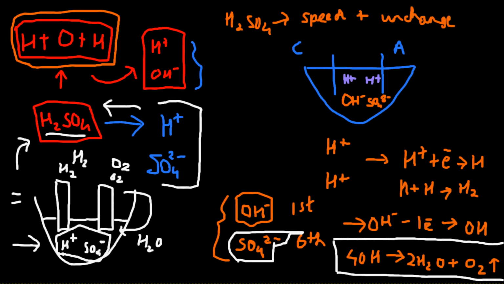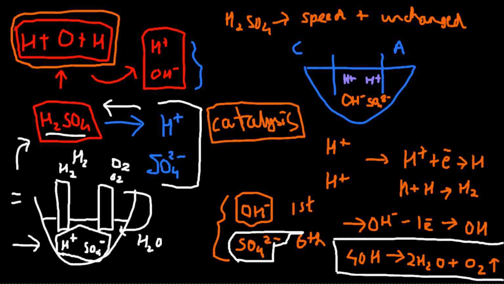So this particular example of electrolysis, acidulated water, is also called catalysis. So you can see it's just combining catalysts and electrolysis. And the reason is very important because it's often asked in those little 1 mark give reason questions.